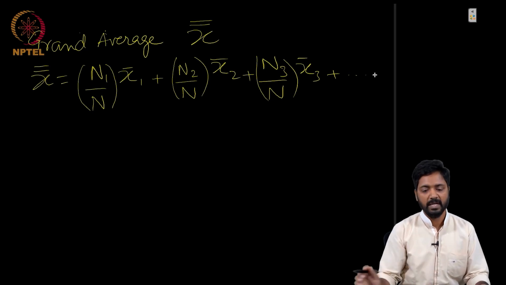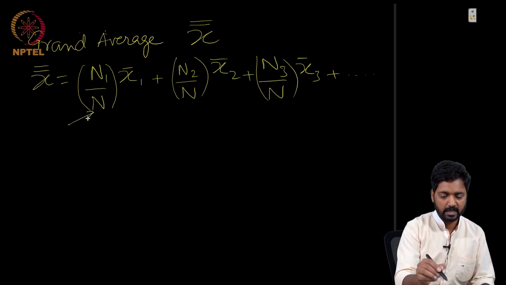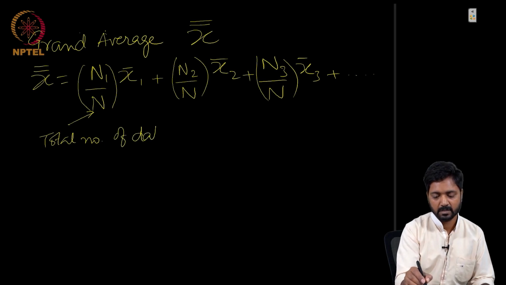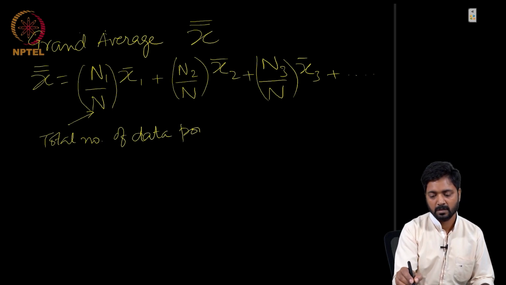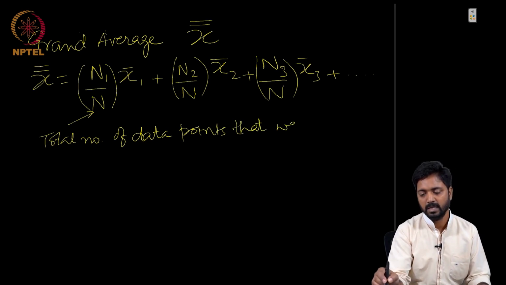So it would be N1 by N, where N is the total number of data points that we are dealing with.